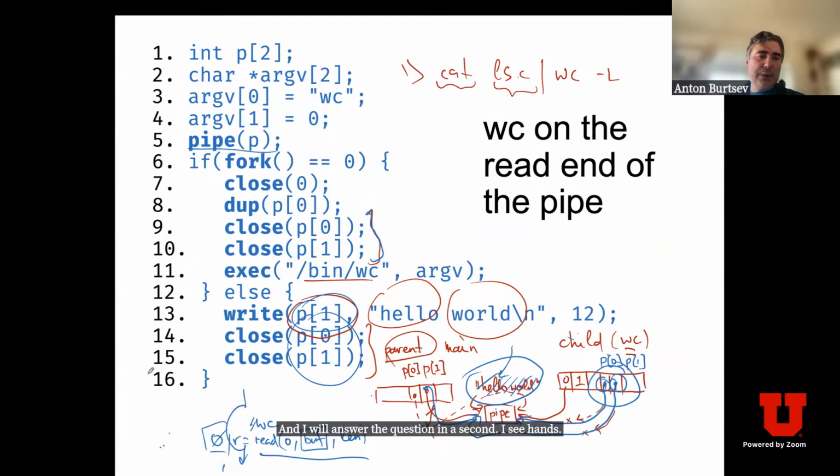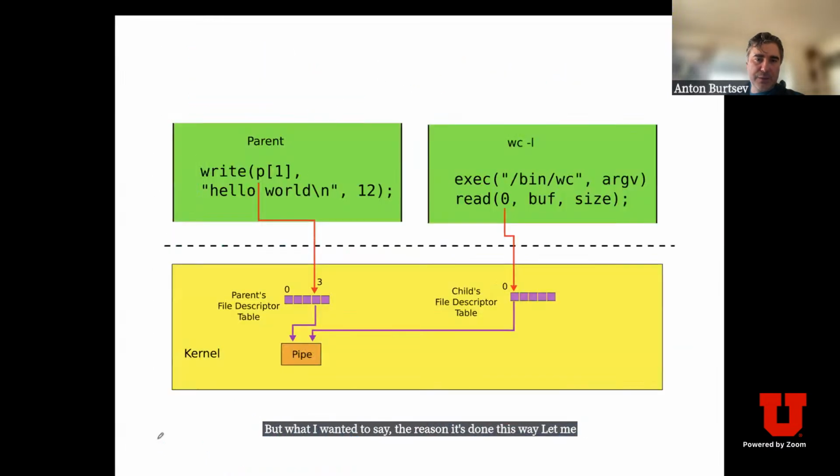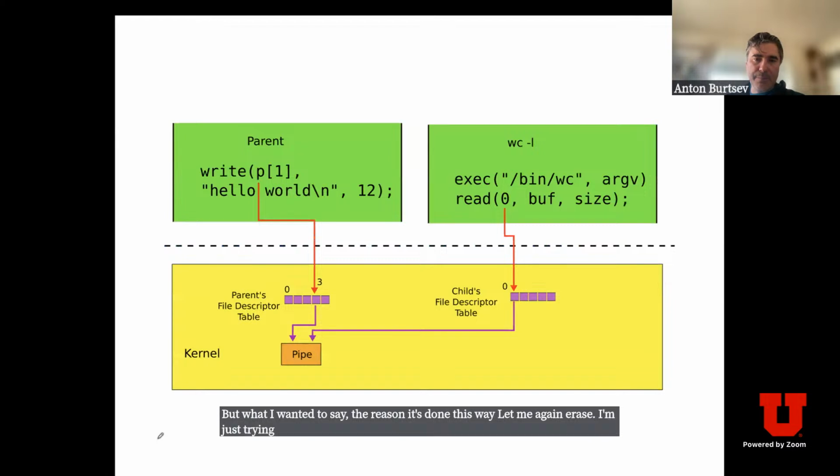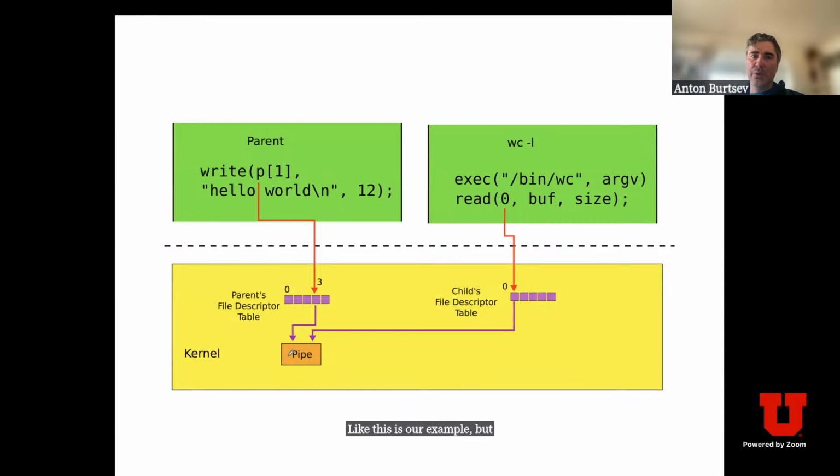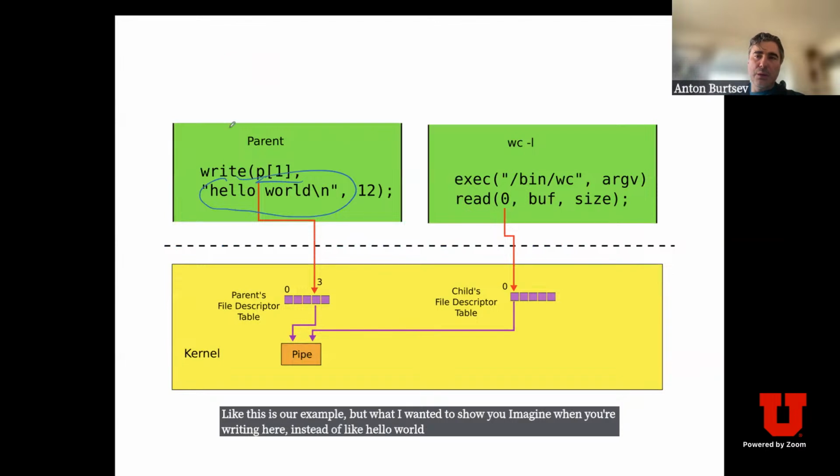But what I wanted to say about why it's done this way, let me again erase, I'm just trying to figure out the space somewhere here. This is our example, but imagine that when you're writing here, instead of hello world, you do something very, very large, for example, a cat of a very large file.